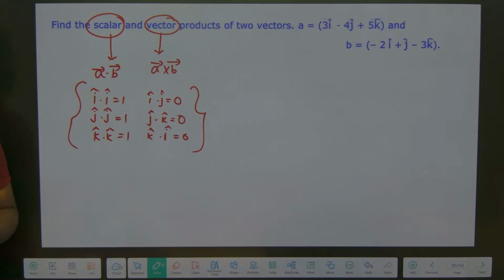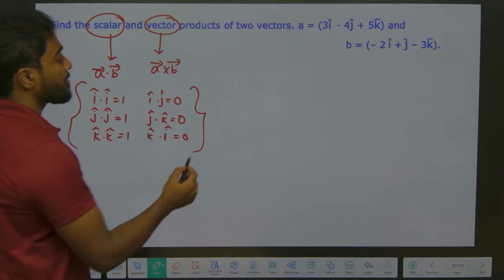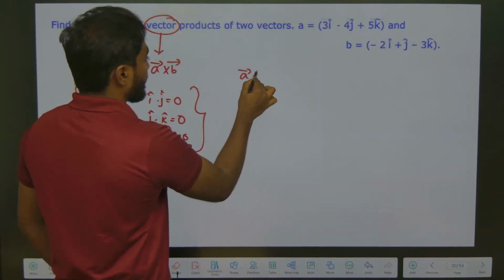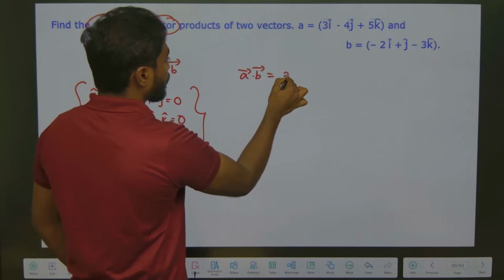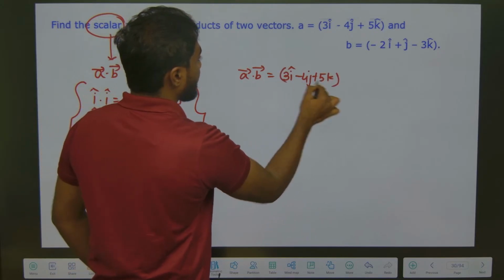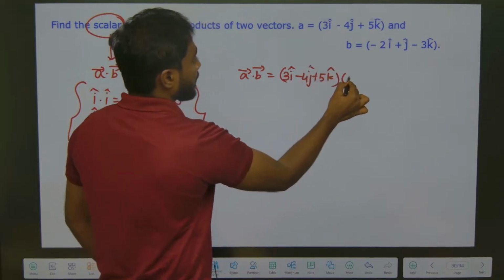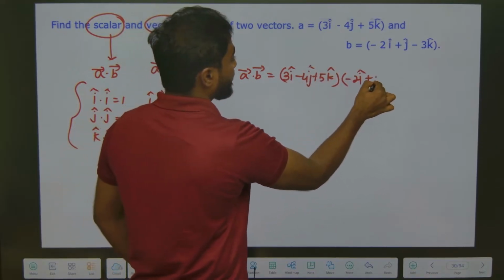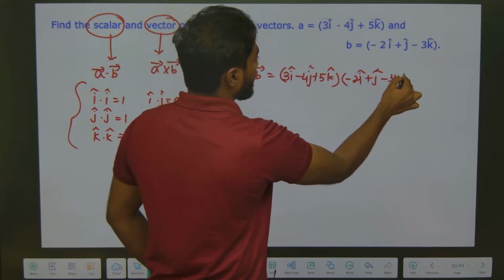First one is minus 2. It's a scalar product, no? So scalar product means A dot B, which is equal to 3i cap minus 4j cap plus 5k cap dot minus 2i cap plus j cap minus 3k cap.